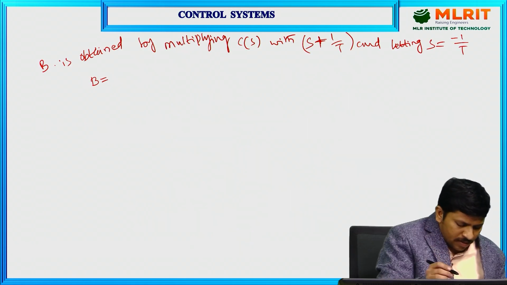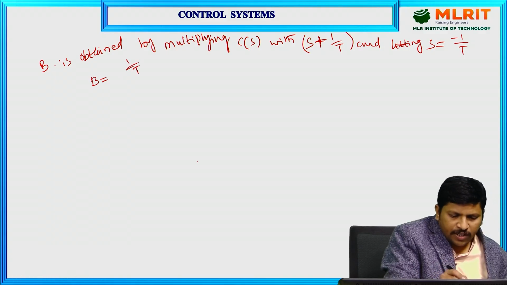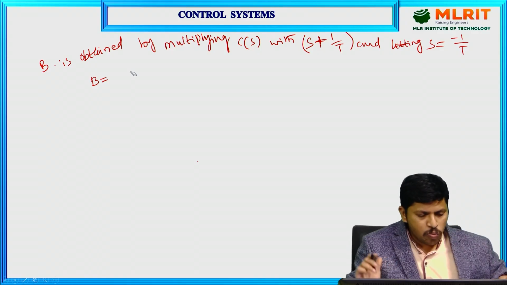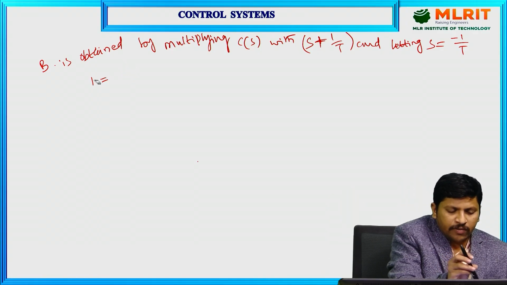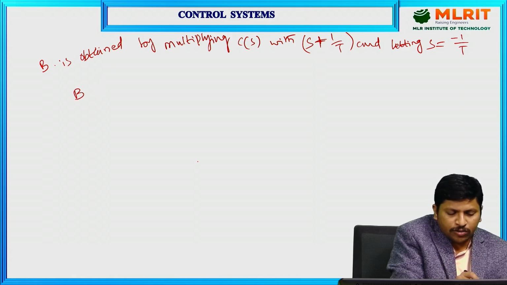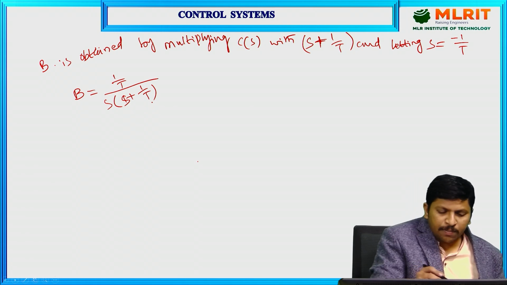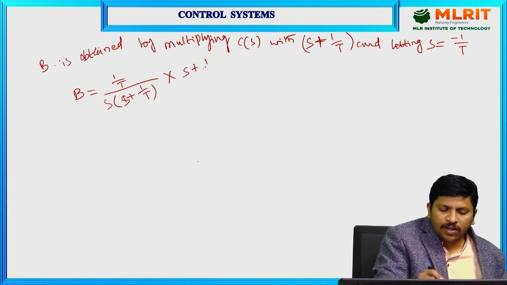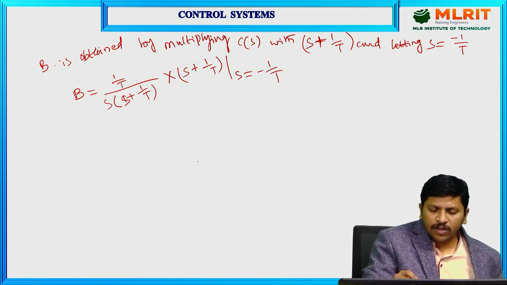So now I am going to write 1 by t divided by s into s plus 1 by t, multiplied with s plus 1 by t, and let s equals minus 1 by t. In place of s, substitute minus 1 by t.